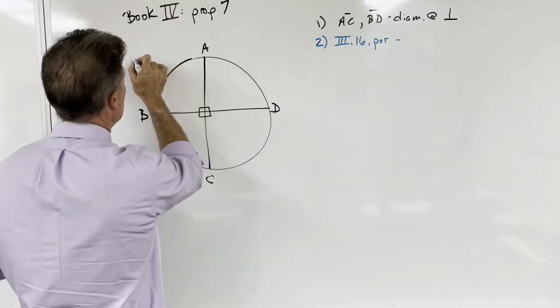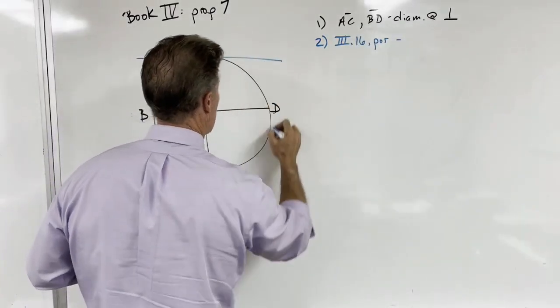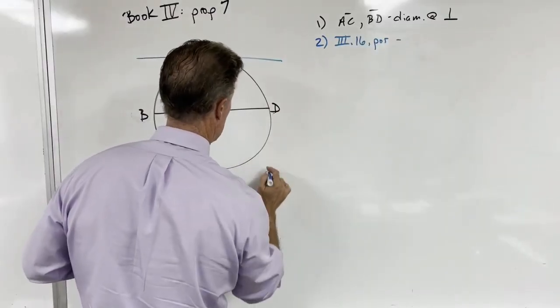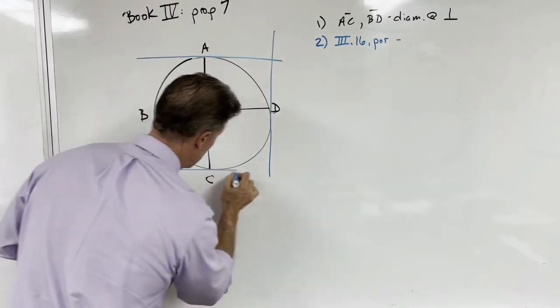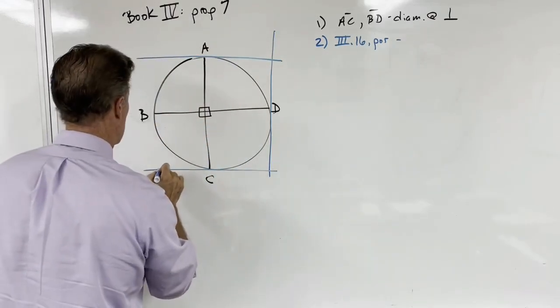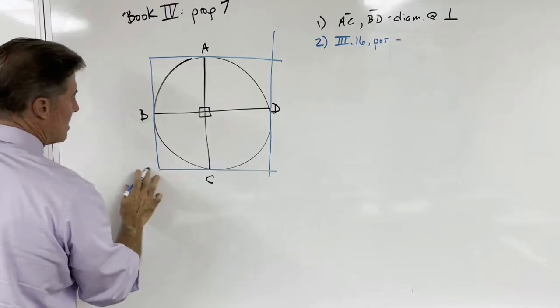So we're going to create a tangent here at A, here a tangent at D, a tangent at C, and a tangent here at B, and then extend those lines until they intersect.